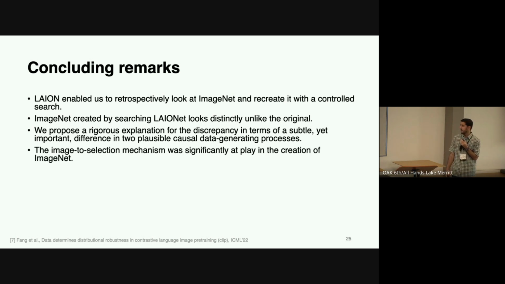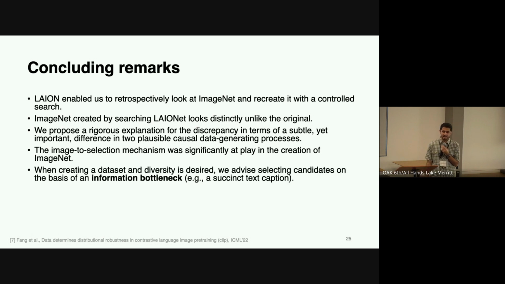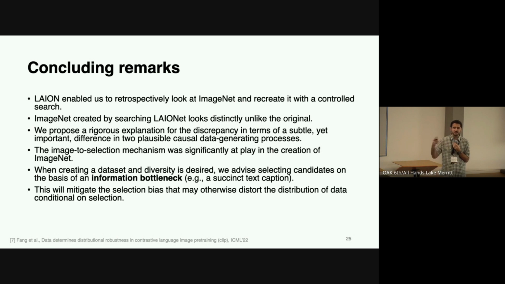And we think, as the experiments show, the image-to-selection mechanism was significantly at play when ImageNet was created. So we think it's nice to have an information bottleneck whenever you're creating a new dataset. That's going to avoid any distortion you might otherwise observe from selection bias.